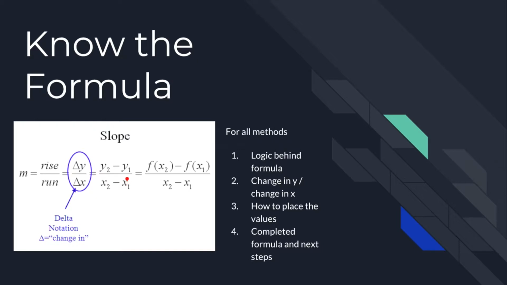And, depending on the type of question it is, whether it be graph, table of values, or algebraic, we can somehow get these y values from that information. In official terms, we can look over here and see that f(x2), which is y2, minus f(x1), which is y1, divided by x2 minus x1.